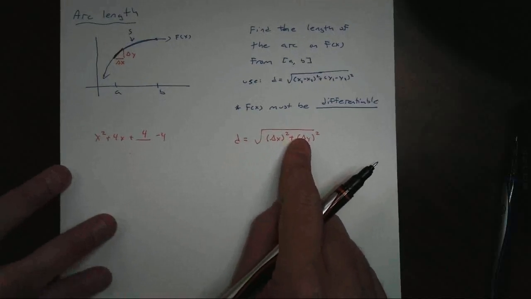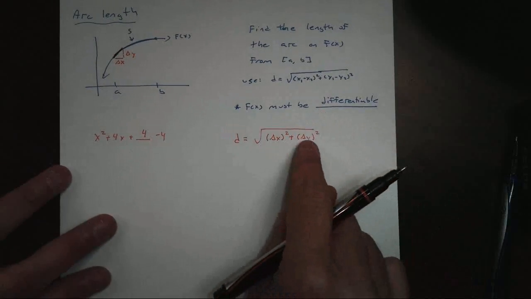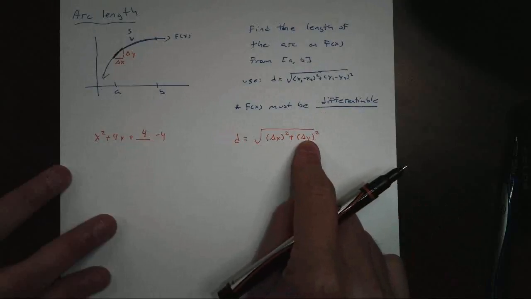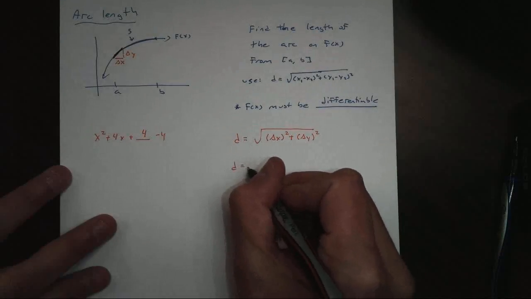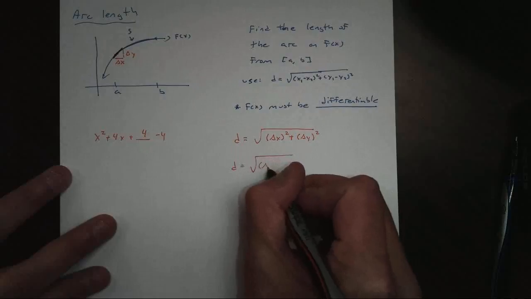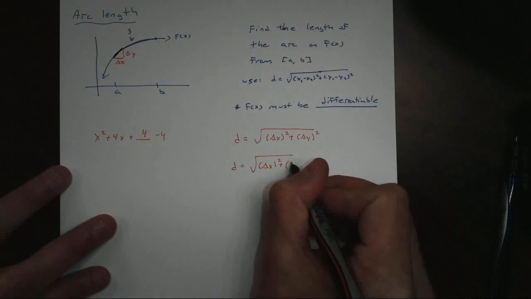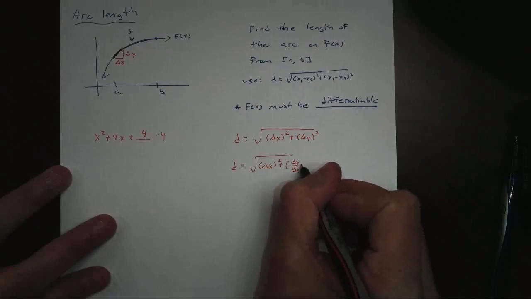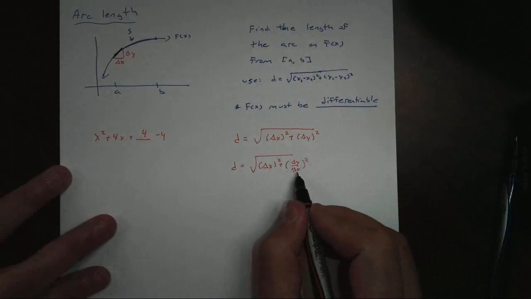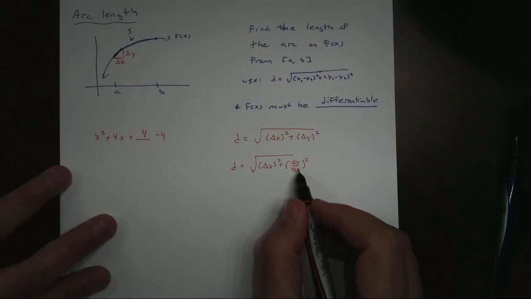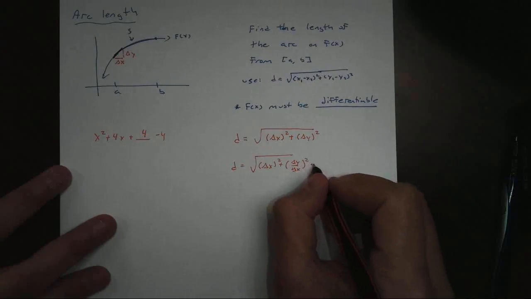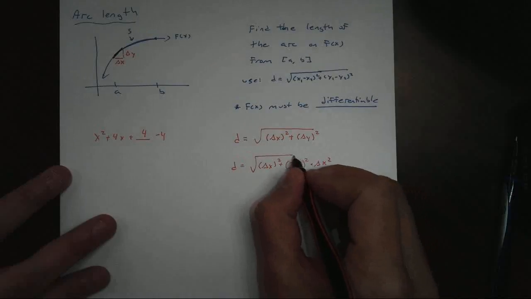We're going to use the same concept here. I'm going to divide delta y by delta x. And that's going to change this to d equals the square root of delta x squared plus delta y over delta x squared. But because I'm dividing by delta x squared, I also have to multiply by delta x squared.